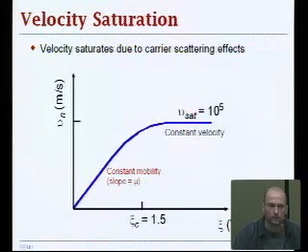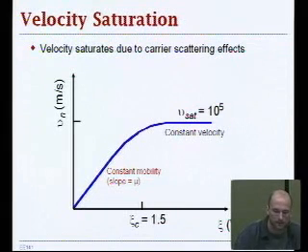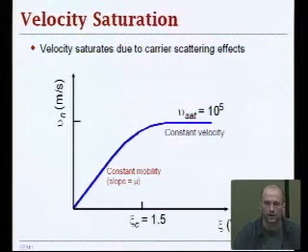And also you have this channel length modulation effect, where your effective channel is shorter than your drawn channel, which increases the field over the effective channel, and for that reason you have this velocity saturation effect.